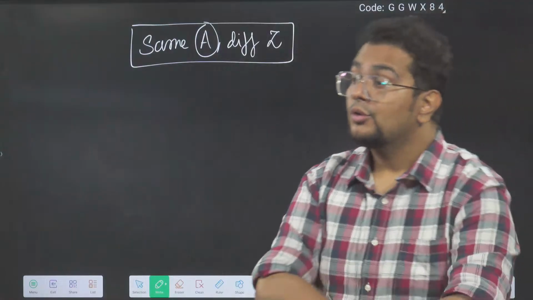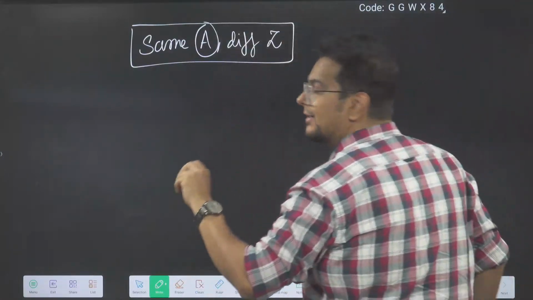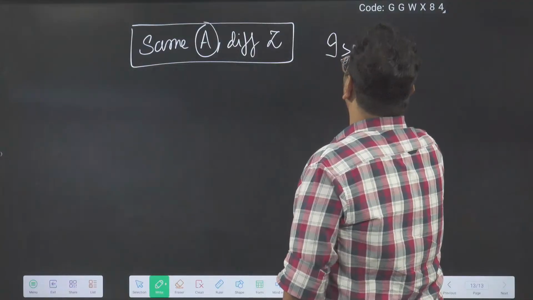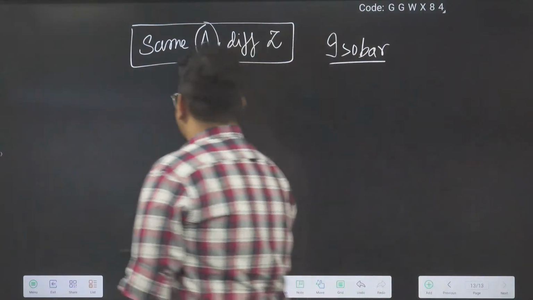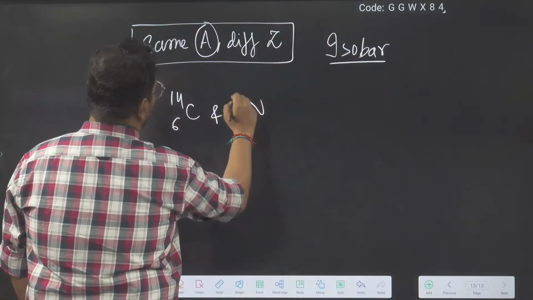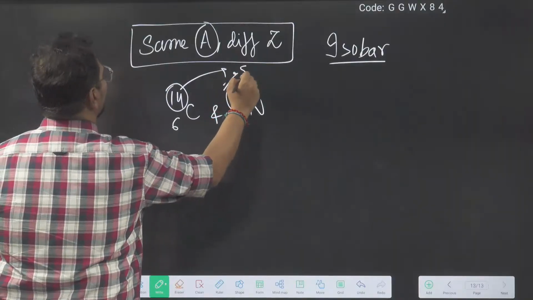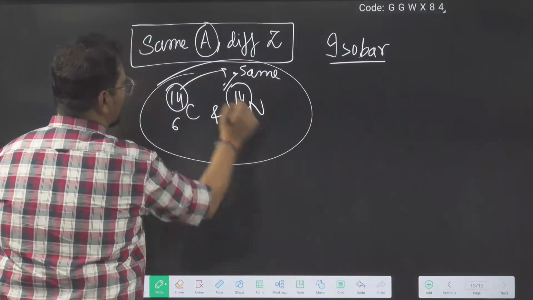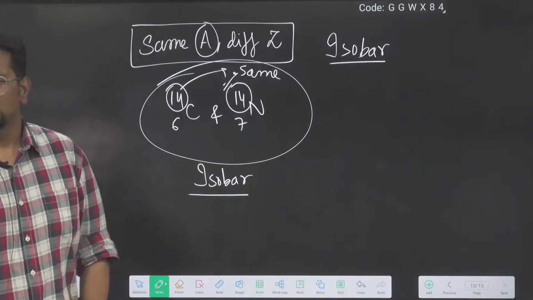Baruvu. From there the word bar came. Isobar. Example, 6C14 and 7N14. Their mass number is same. So these two are called isobars. Easy.